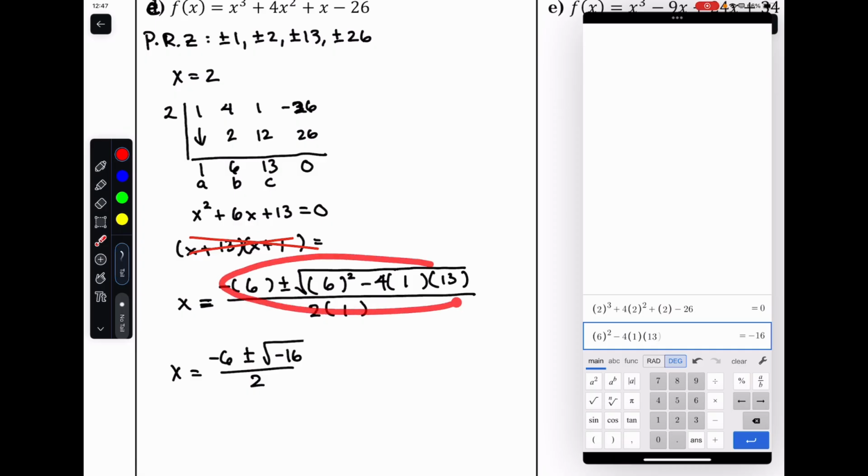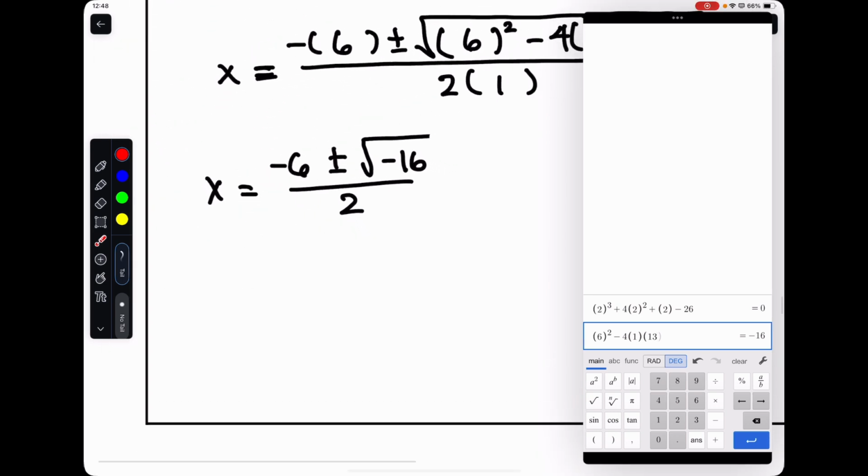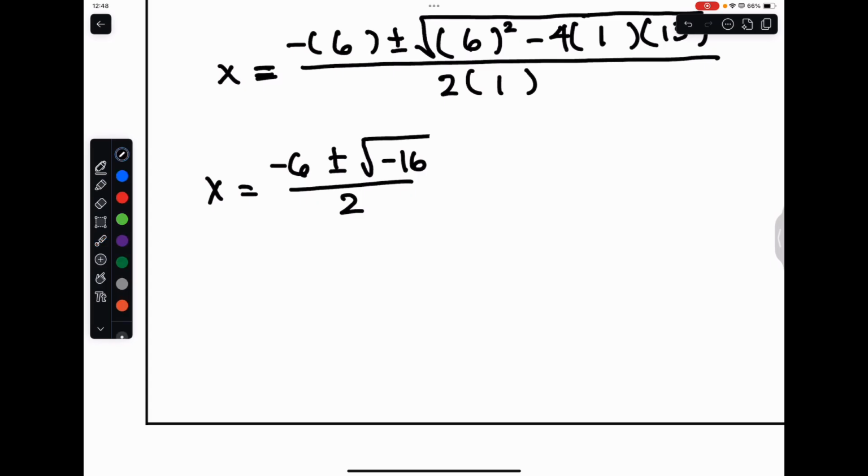So when we use the quadratic formula, that automatically eliminates any possible way that any of the other numbers, other than 2, of course, and the ones that we eliminated, are going to be possible rational zeros because factorization doesn't work. So we already knew that our solutions were not going to be positive or negative 13 nor positive or negative 26. But it's not even going to be a real number. It's going to be a complex number because the square root of negative 16 is equal to an imaginary value.